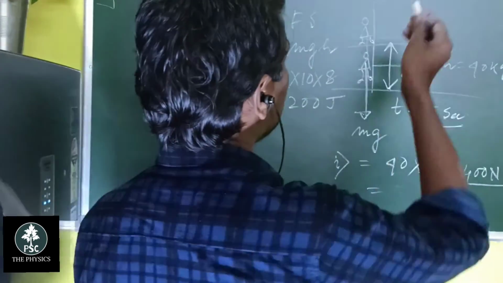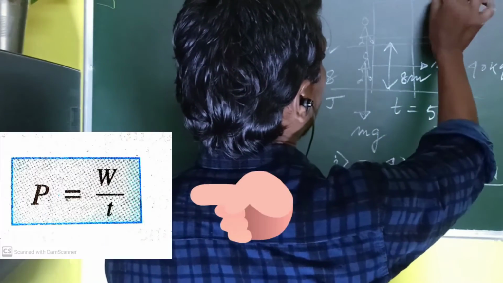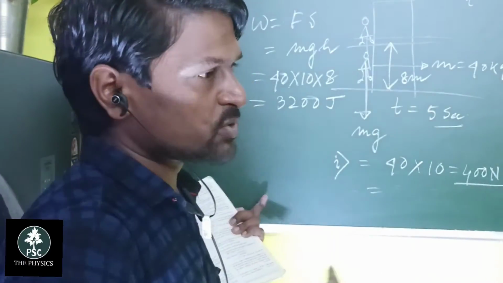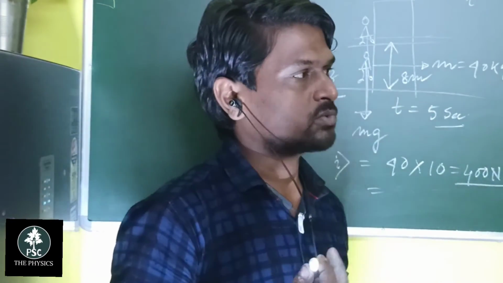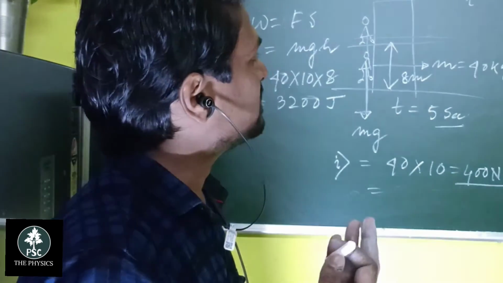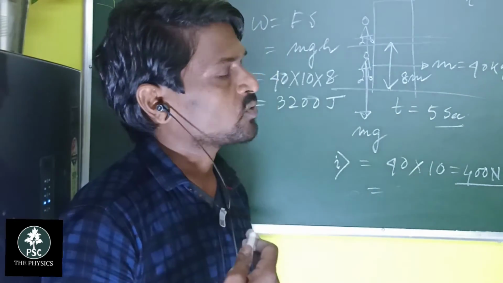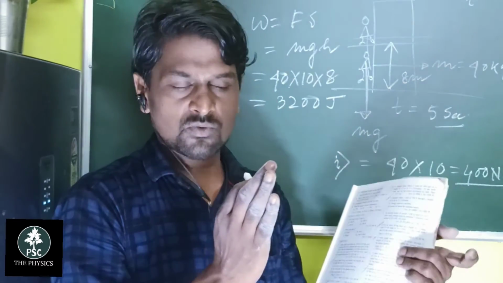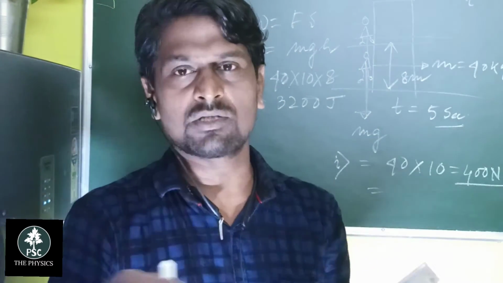Power. So I write down the formula: power equals work done by time, and I will explain that particular one. First of all, students, this is my mistake. I have to compute the work done as well as power, but I will explain this one. First of all, this is the work done, then power, then energy.